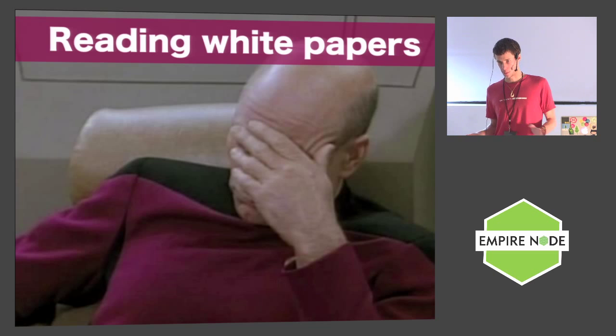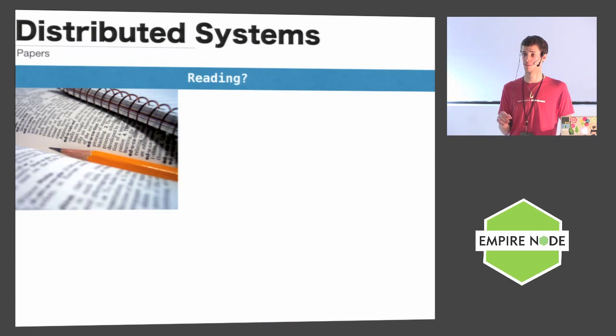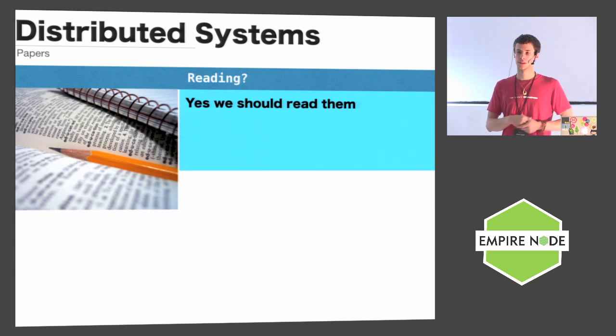So I talked about reading white papers, and as I mentioned, this stuff is difficult. You sit down and try and read one. If you read it once and you understand it, great, but you will most likely have to read it multiple times. So the argument I'm making here is we should all be reading white papers.